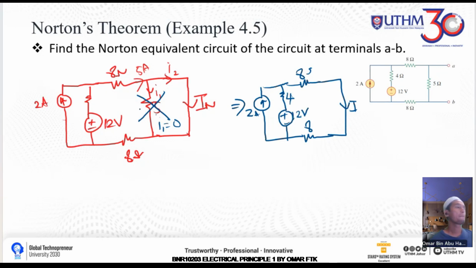Okay, from here to here, is everyone okay? Do you understand why we have to remove the 5 ohm resistance? I assume you understand this. Once you get this, then you can do the analysis.